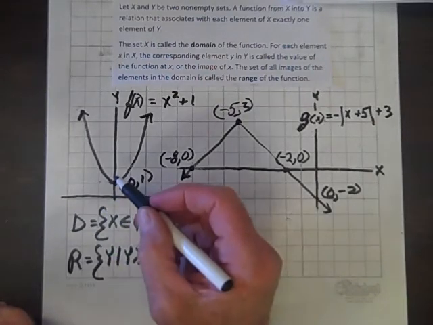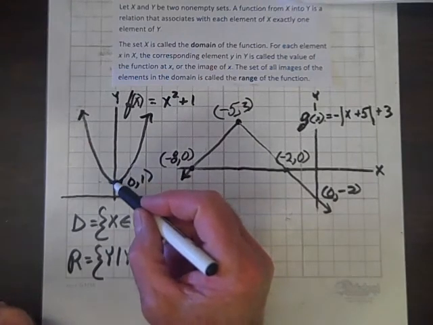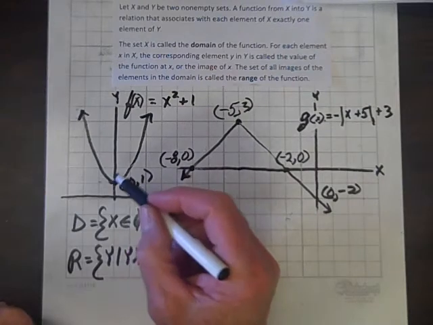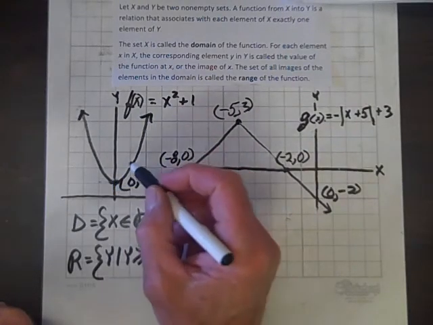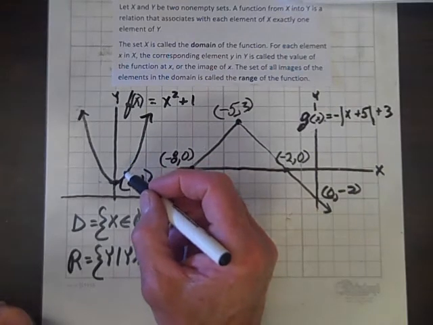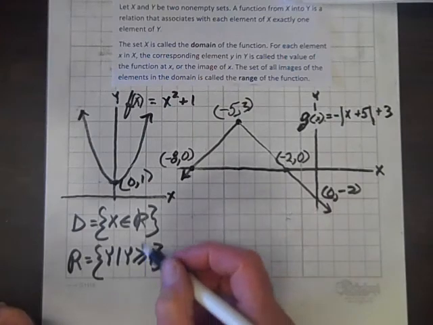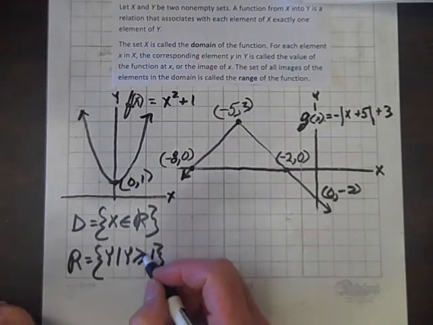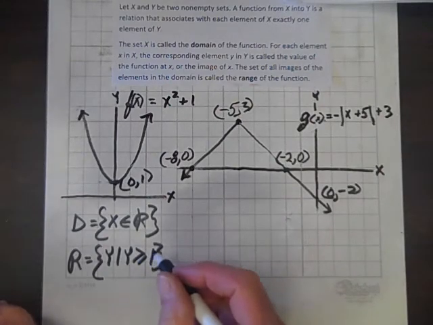And our goal here is for the student to be able to look at the graph and recognize the range. The smallest y coordinate on the graph of f of x equals x squared plus 1 is 1. Consequently, the range is y such that y is greater than or equal to 1.